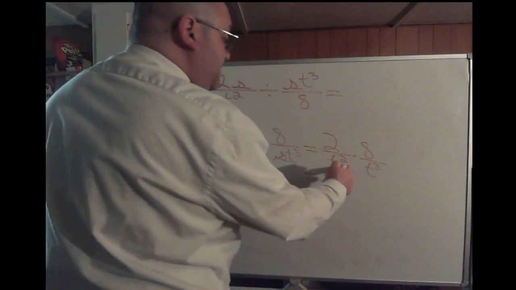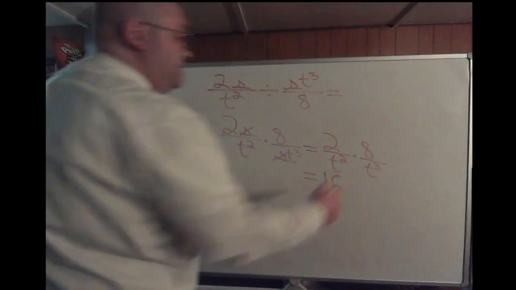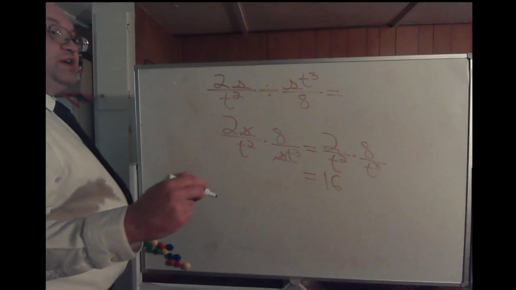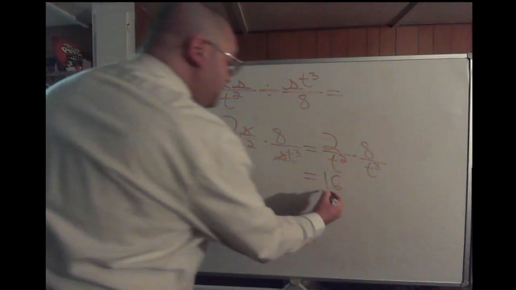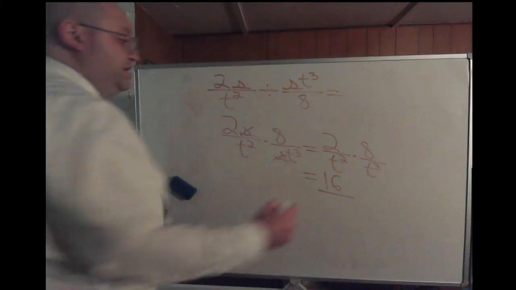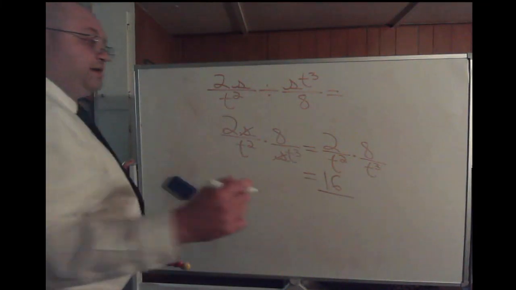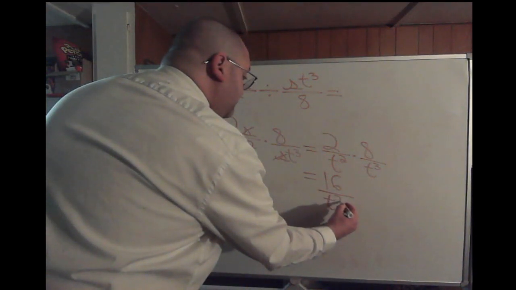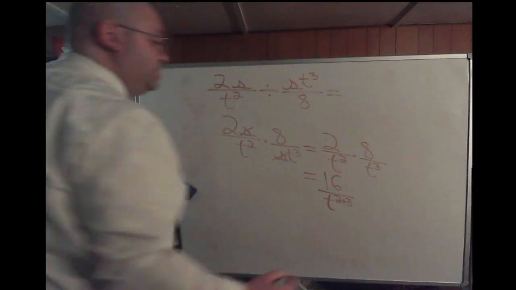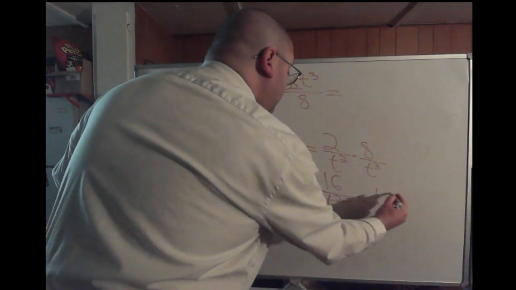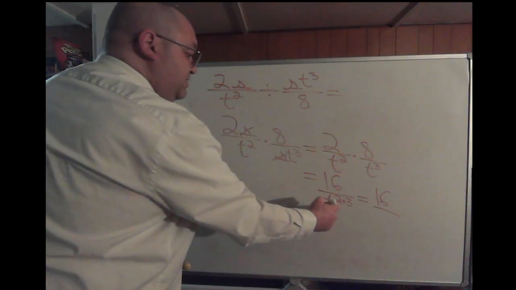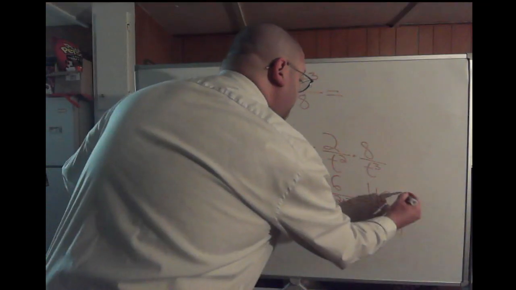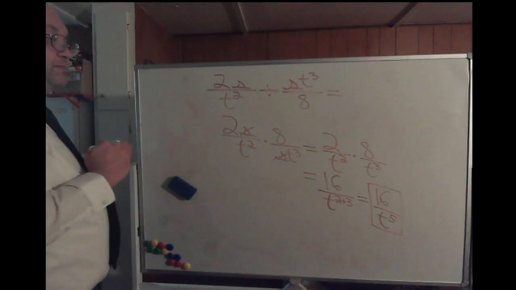Since both of these powers are in the denominator, you can just do the multiplication of exponents, leave it in the denominator, and add the powers, because remember, when you multiply exponents, you add the powers together. So you have 16 over t to the 2 plus 3, which is t to the 5th. So what you would get is 16 over t to the 5th.